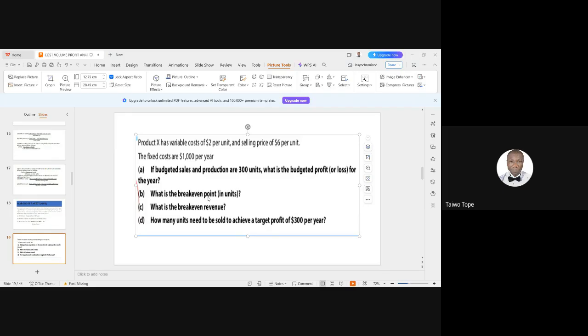So from our studies, for you to get profit, when you have contribution, it is contribution minus what? Fixed cost. Yeah. So in terms of the overall sales, the contribution per unit is 6 minus 2, you have 4. 4 multiplied by 300, you have 1,200. 1,200 minus fixed cost of 1,000, you have $200.